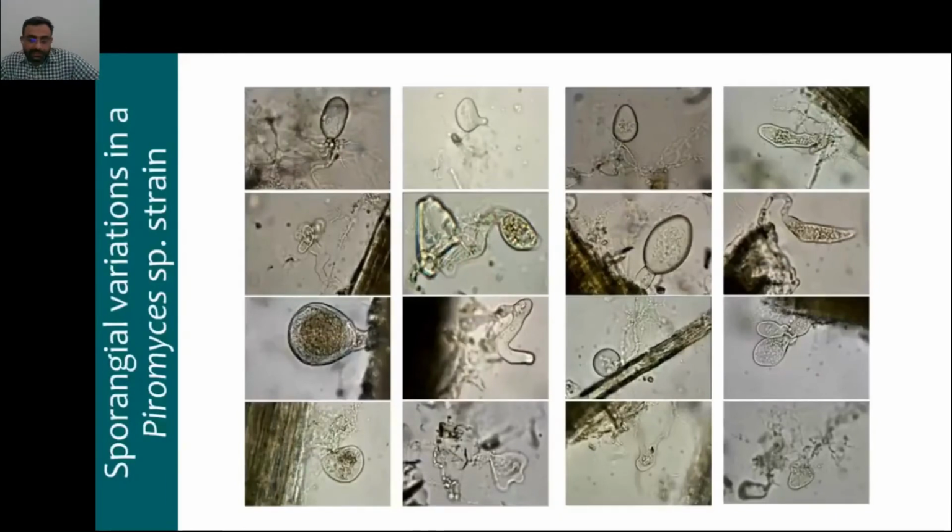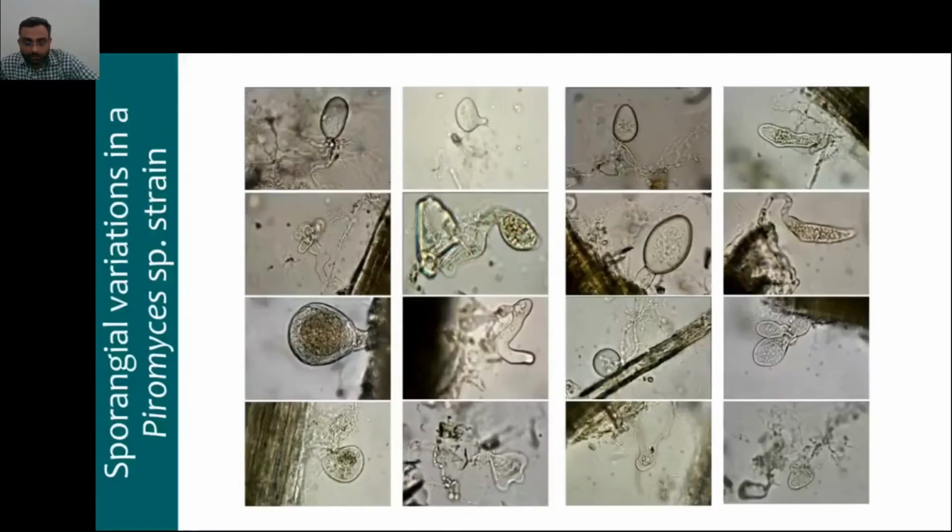So as we can see, there were many variations, and these variations were used for identification and characterization of these different species. However, in our work, what we realized is that these Pyromyces species vary a lot.